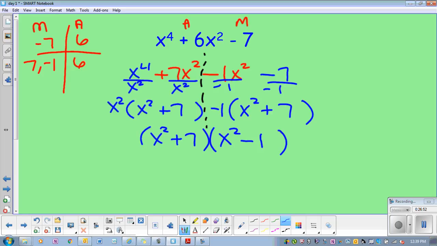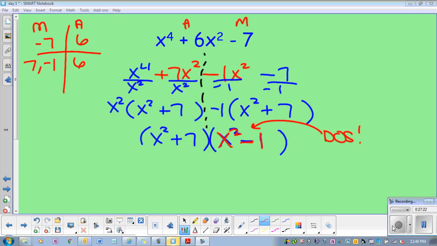Are we here with this one? Okay, listen. Am I done here? No. Why? What can I do here? Because you have x squared, which is a perfect square, 1, which is a perfect square, and you have a subtract. 2 terms, difference, and they're all perfect squares.